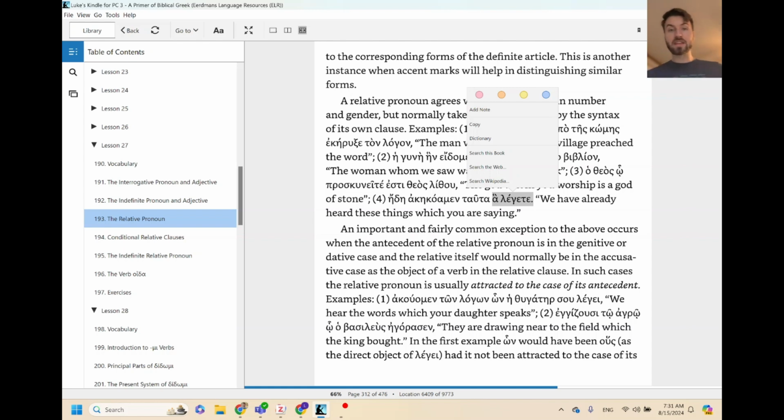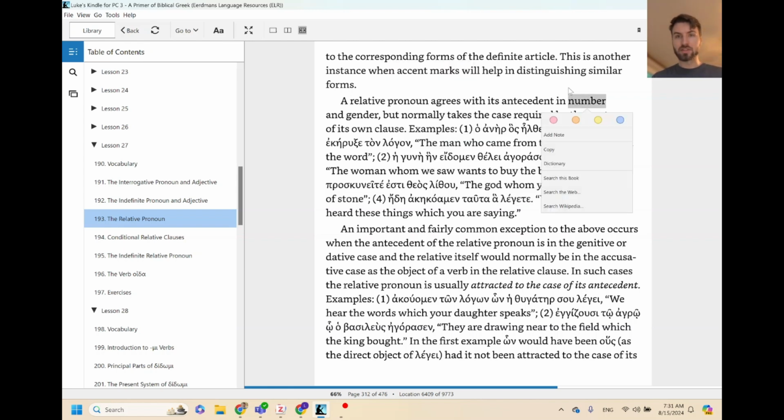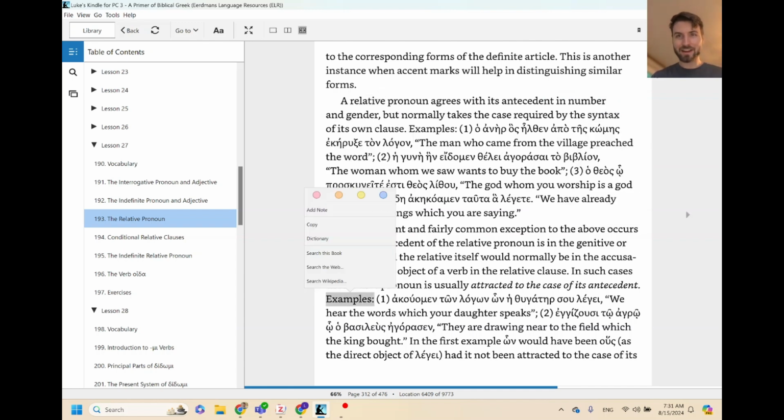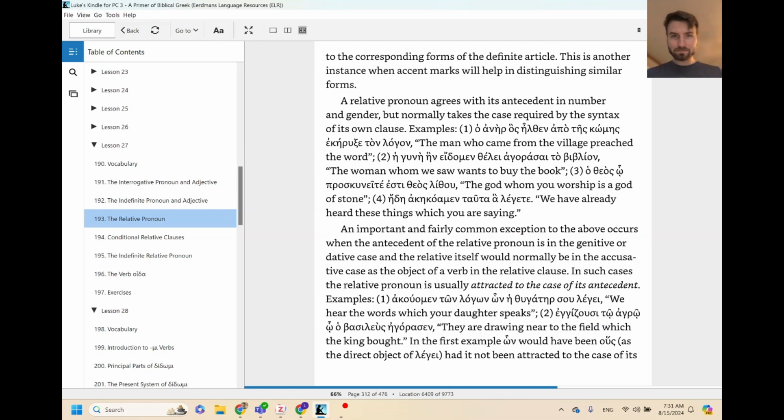We do the same thing in English with our pronouns. Not with our relative pronouns, we just have who and that to translate. And so you don't see it in our relative pronouns, but you do see it in our normal pronouns. So if I say, the man preached the word.